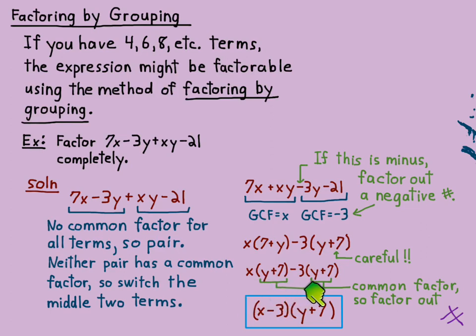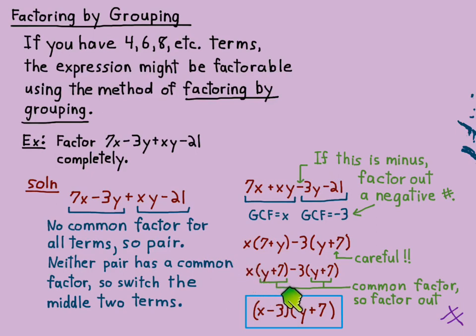Now, check your answer by multiplying this out. You can do this on paper, or you can just do it in your head. Look, I'm going to compare it with the original. X times y. Well, there's the x times y, right? X times 7. Well, that's 7x. There it is right there.